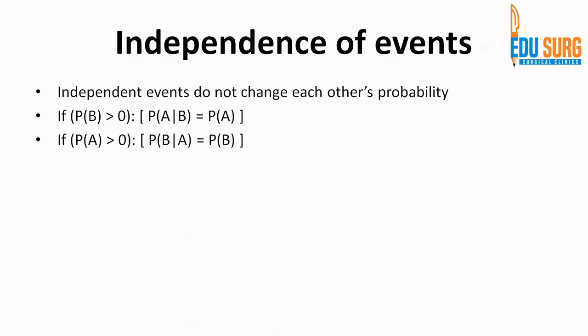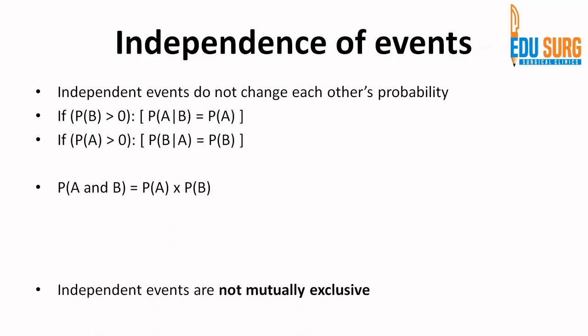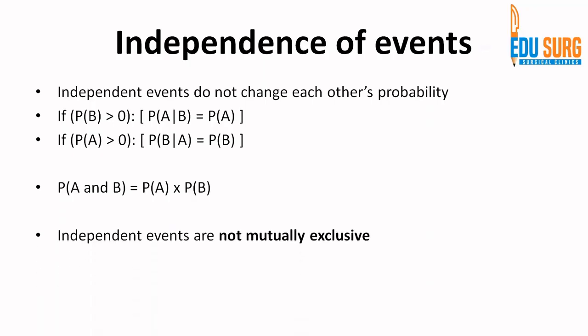Similar for B. So if this is met, then we know that the events are independent. Another formula is probability of A and B is equal to probability of A times probability of B. Again, the events are independent.